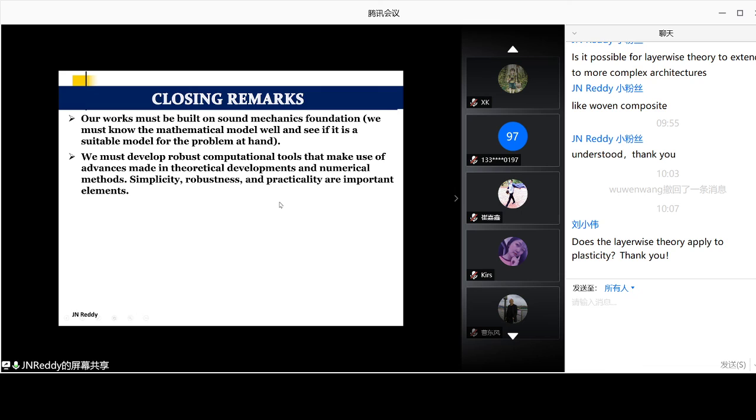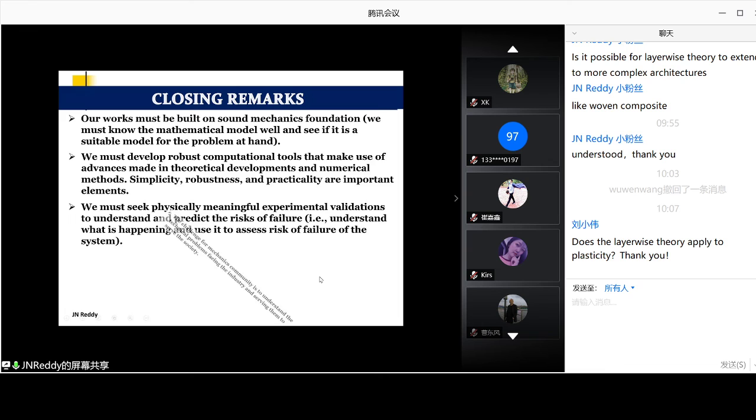Practicality means you should be able to compute things in a reasonable amount of time, because most of the time your manager, if you work for a company, wants you to produce the results very quickly. So you must always think, are you able to do the job in a reasonable amount of time? That means you have to balance your effort between all these things.